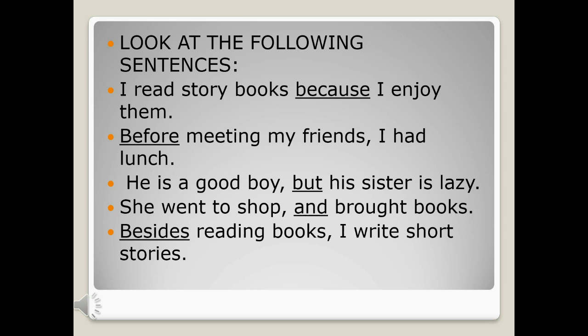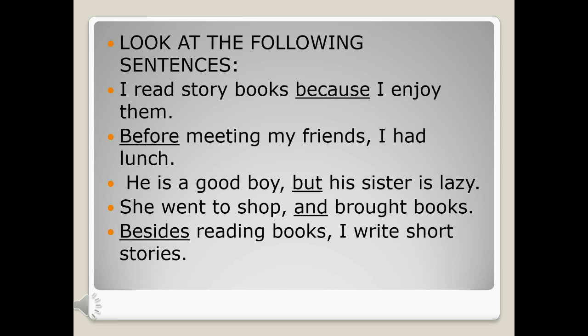I read storybooks because I enjoy them. Before meeting my friends, I had lunch. He is a good boy, but his sister is lazy.